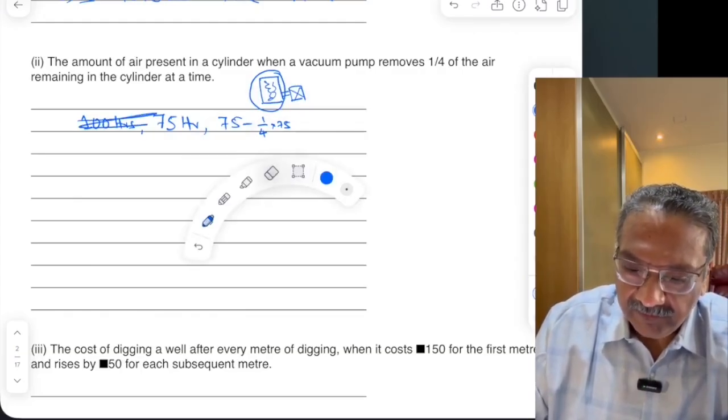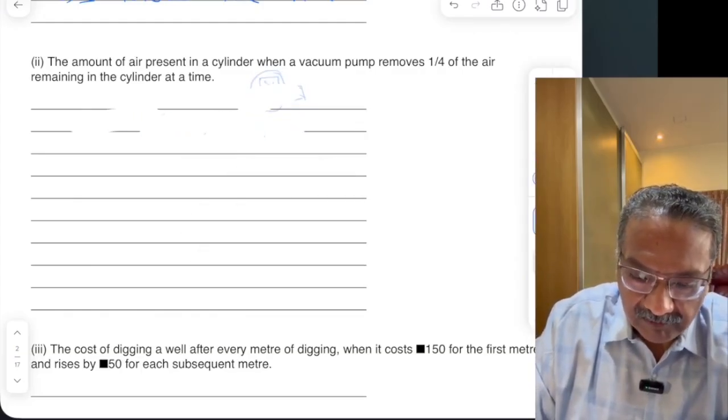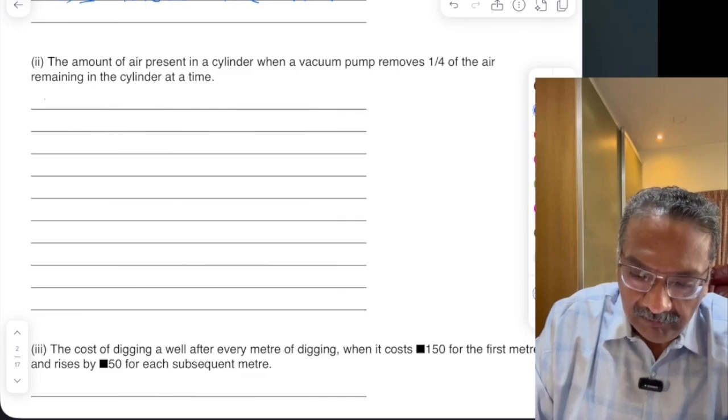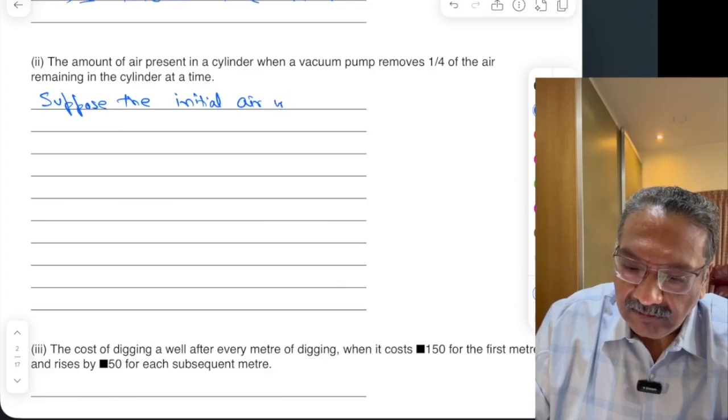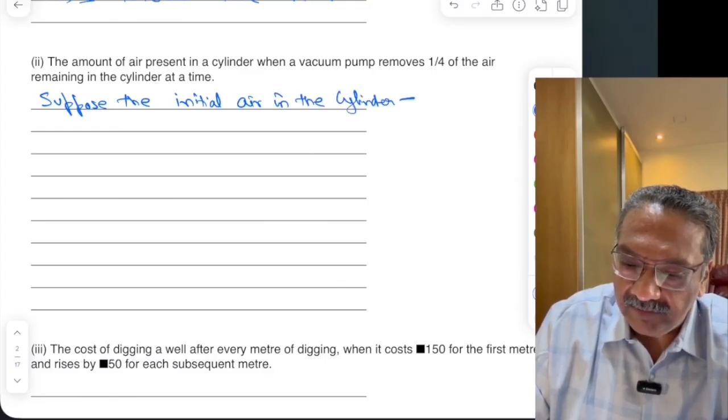So, let us say, suppose the initial air in the cylinder is equal to 100 liters.